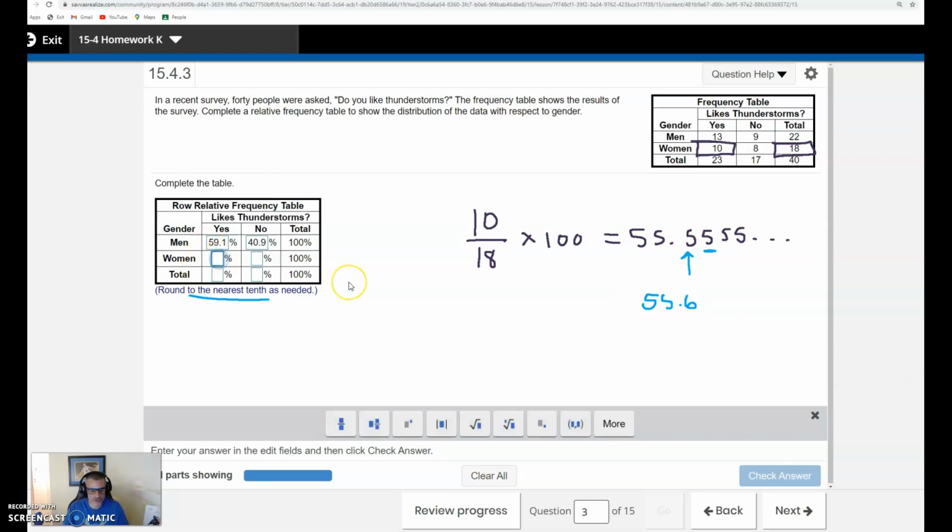Okay, so what's important to understand about this type of table is that it's only going to add to 100 going this direction, which is why they have all the hundreds there. It's not going to add to 100 going this direction. It's only going to add to 100 in the row direction.